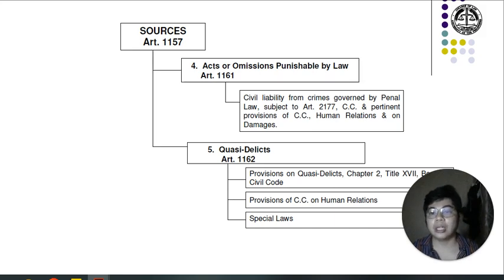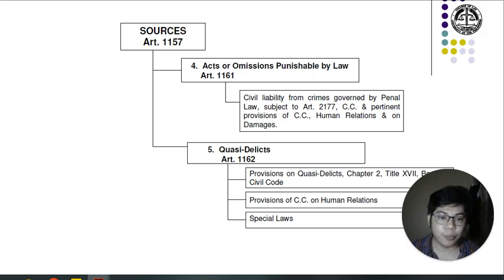Why? Because it is only the will of one of the contracting parties that dictates the terms and stipulations in a contract. So a perfect example of this is the case of United Alloy versus UCPB.